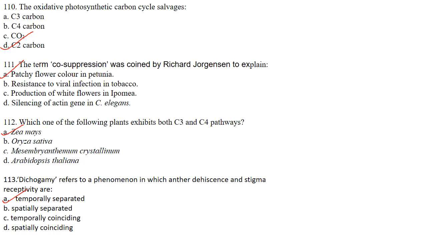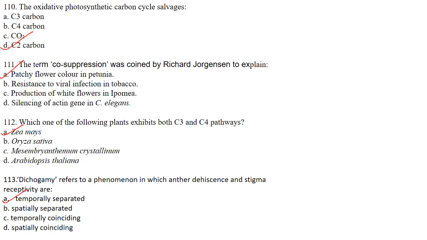That is called co-suppression. So Richard Jorgensen and his colleagues were attempting to create petunias with more deeply colored flowers by overexpressing the gene coding for chalcone synthase, an enzyme that plays a key role in producing the pigment anthocyanin. But they did not get what they wanted.